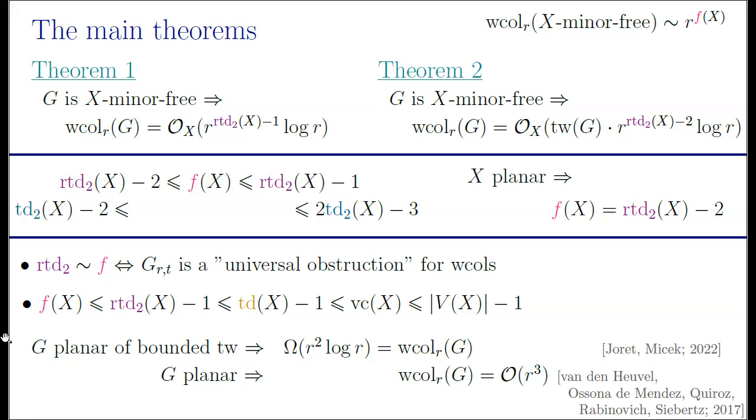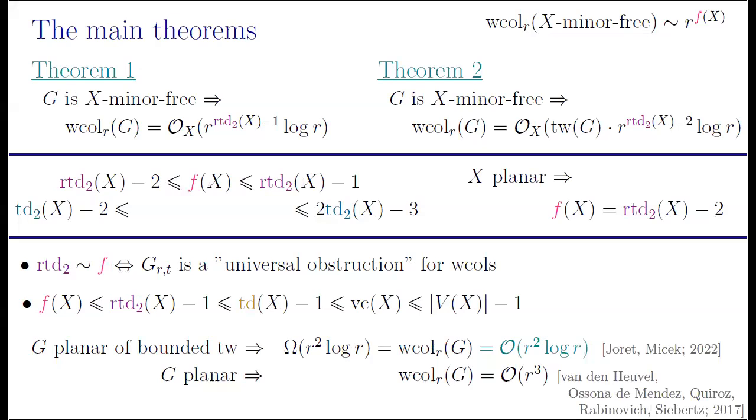I think it's 3 or 4. So it's really bounded treewidth. And from what we prove in theorem 2, if you take as X K_{3,3}, you obtain an upper bound only in this case of planar with bounded treewidth, which is tied with the lower bound. So this is nice.